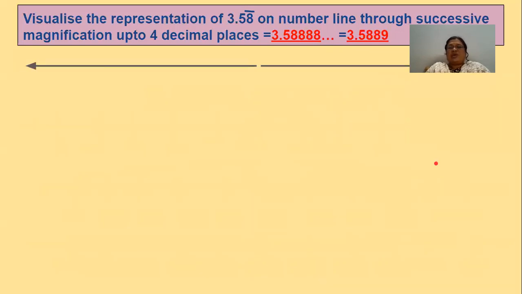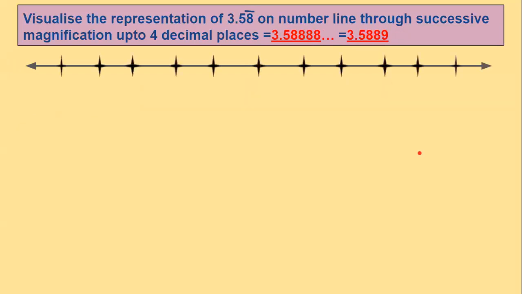So 3.5 is more than 3. So this number will definitely locate between 3 and 4, isn't it? So I have taken a line and I have marked a point. It is more than 3, isn't it?